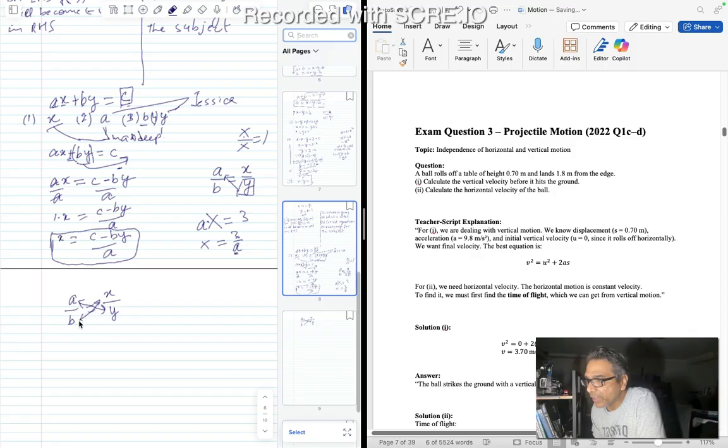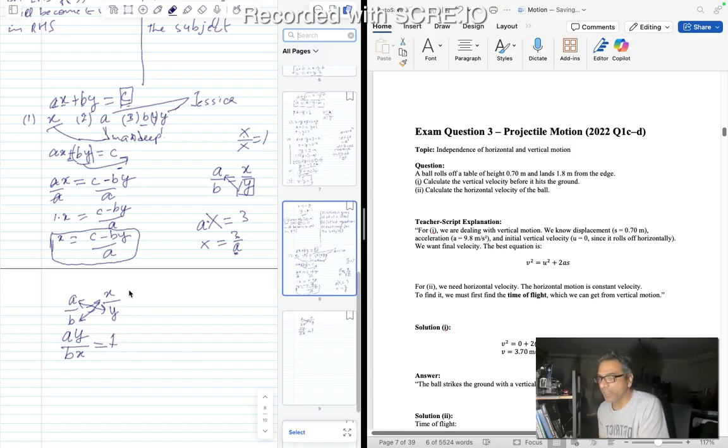So I can now rewrite this as a y, taking y over this side and x over this side, equals b x, because what is left here is only 1.